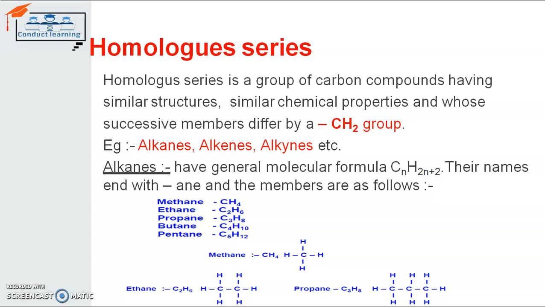The physical properties are all about the shape, the structure, the dimension and so on of the compound, but the chemical properties are all about the chemical nature of the compound. So the compounds of carbon which are similar by chemical property and structure, that means physical property also, but they are different by just C and H atoms in the same compound, that is known as the homologous series.